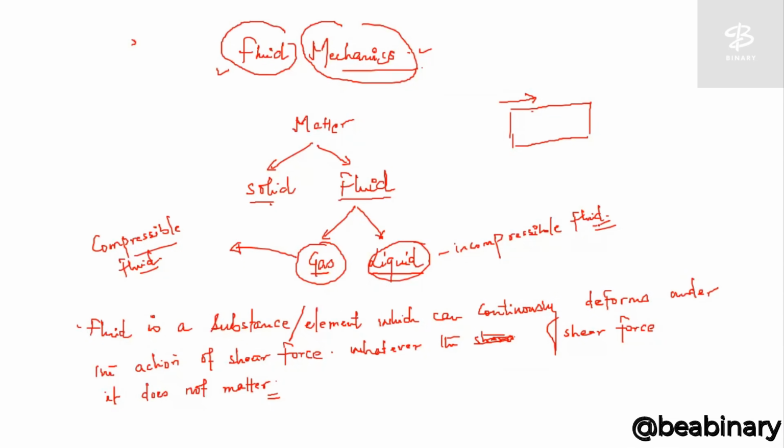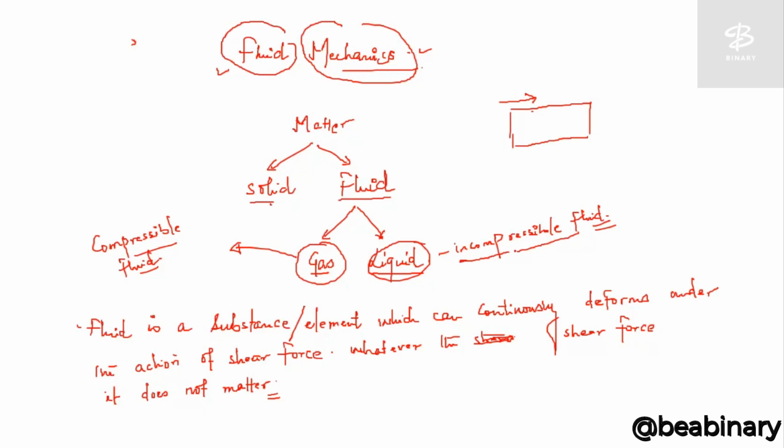In fluid mechanics, we study incompressible fluids. Fluid mechanics and machines is designed for incompressible fluids. For compressible fluids, we study gas dynamics. The laws for gases and liquids are different.